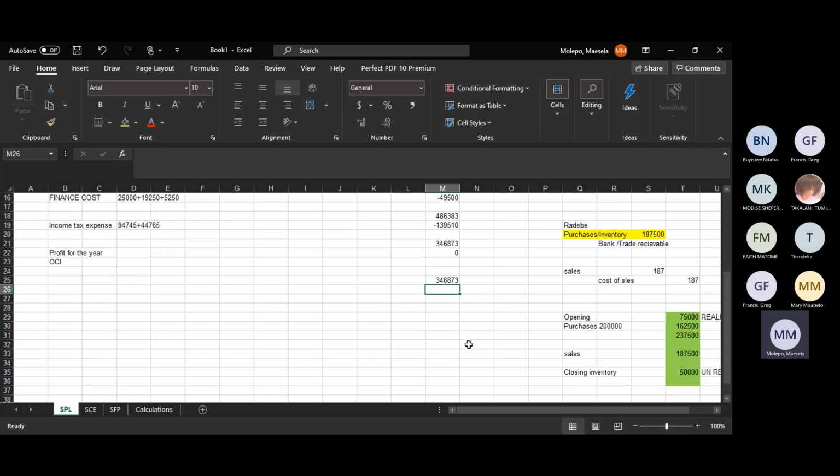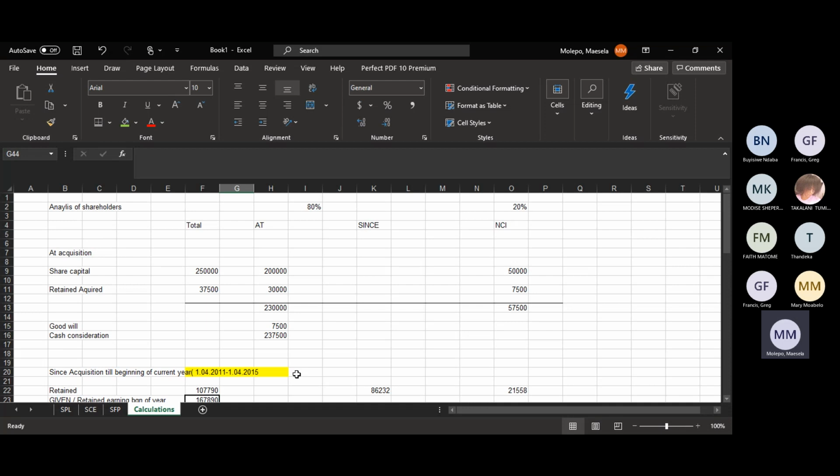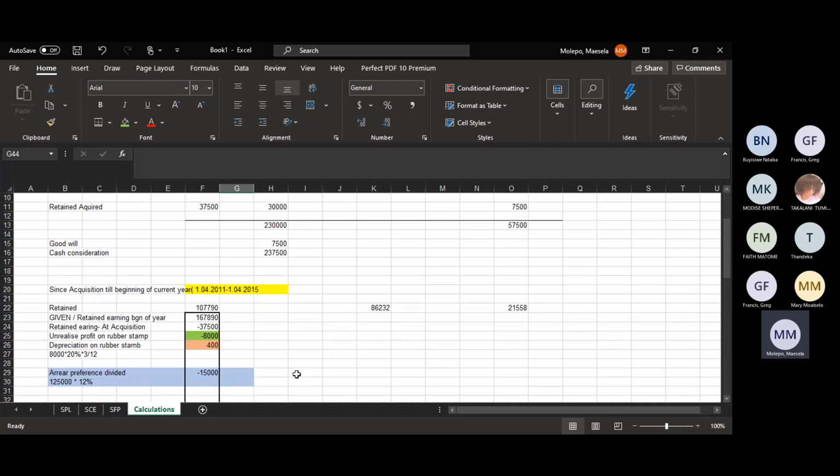Then you apportion between the non-controlling interest and the parent. For the non-controlling interest, you go to your calculation, the one for the current year profit.